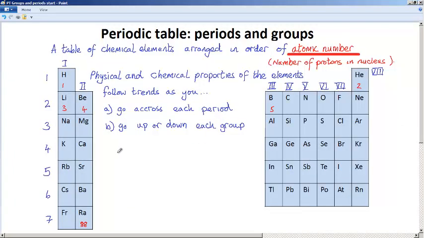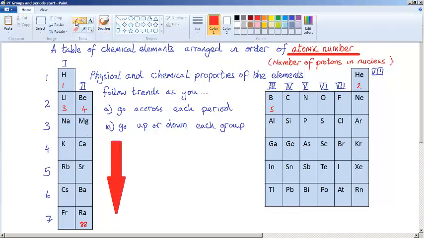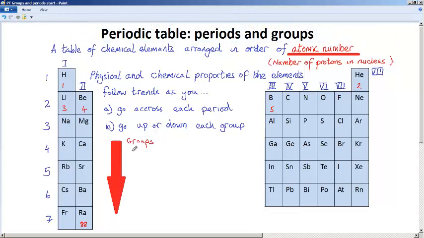Now, I've removed the transition block from the periodic table for just this minute, and we're going to have a look at how the chemical properties change as we move down, for example, group 1 and 2. So we can say that as we move down groups 1 and 2, there's a tendency for the elements, or the metals, to become more reactive.